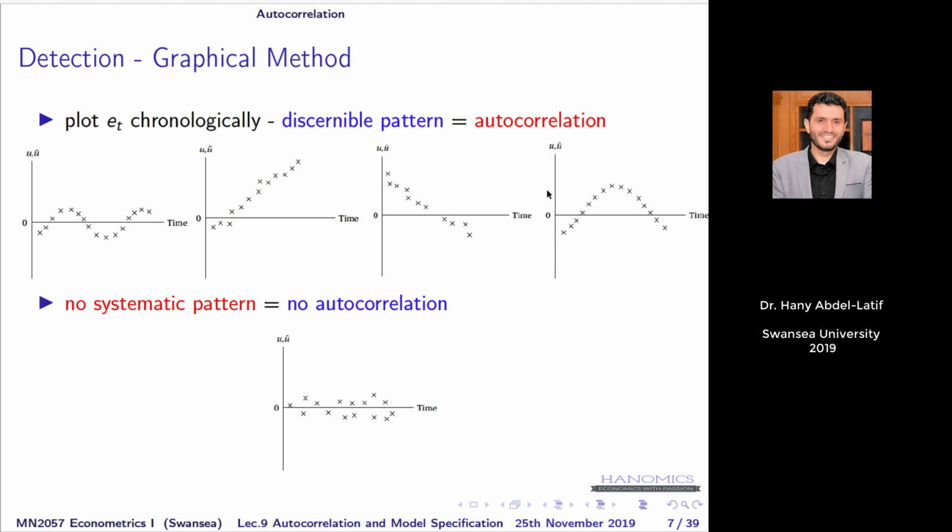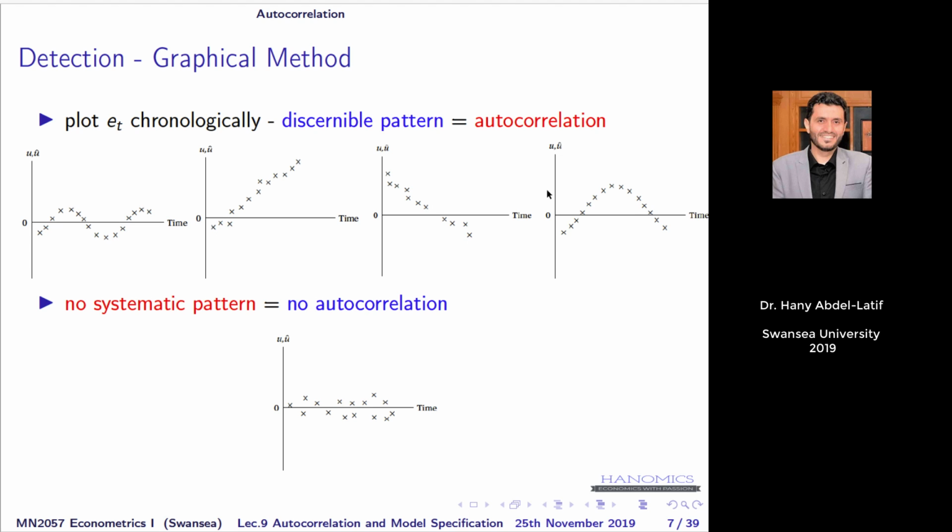When you plot the residuals, if you see some sort of systematic pattern, that is likely because of autocorrelation. In this graph, all these top graphs show autocorrelation. I plot these residuals against time. The first one from the left shows some kind of cyclical pattern, which could be because of autocorrelation.